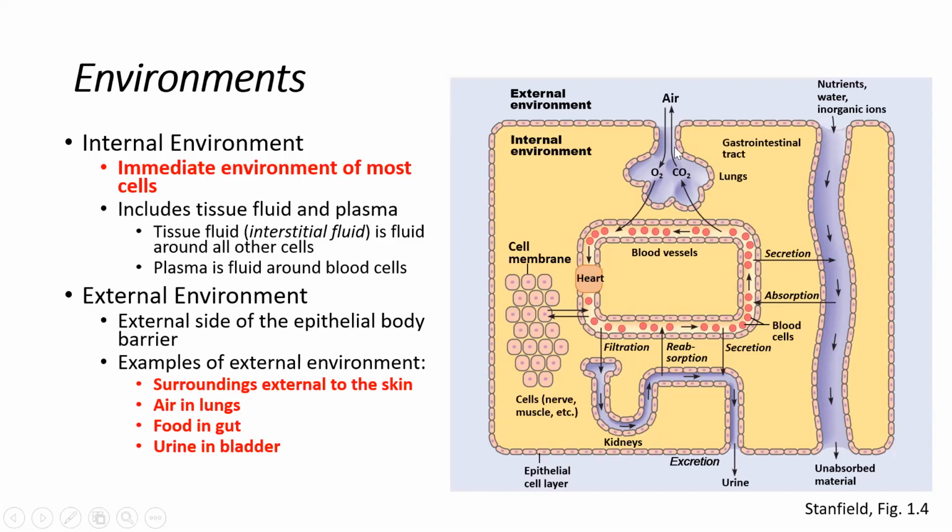We'll look at that when we get to the lungs. We find that lining the GI tract from the oral cavity all the way down to the colon. We also find that lining the urinary tract, from the kidneys all the way out to the external orifice here. So the separation between internal environment and external environment is called epithelia.